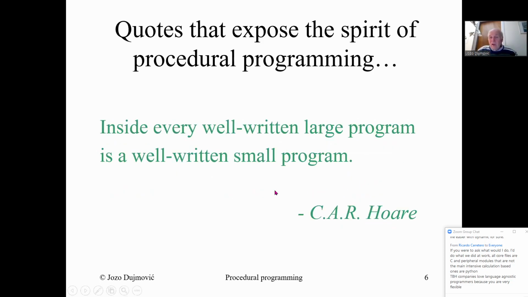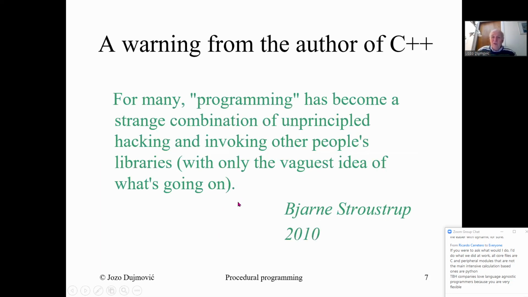And Hoare said that inside every well-written large program is a well-written small program. So don't pay attention only when you write 5,000 lines of code, but when you write 5 lines of code, this also has to be properly done. Regardless that the program is small, we have to be aware of performance and do it in that way.